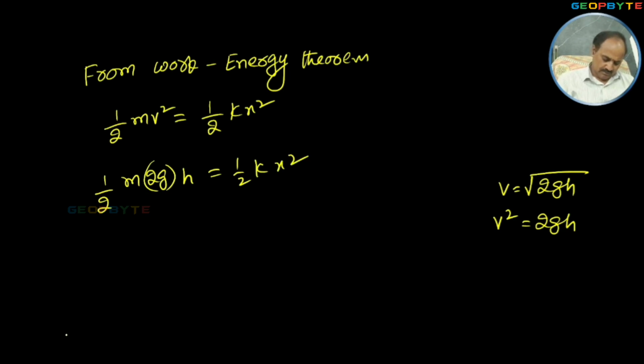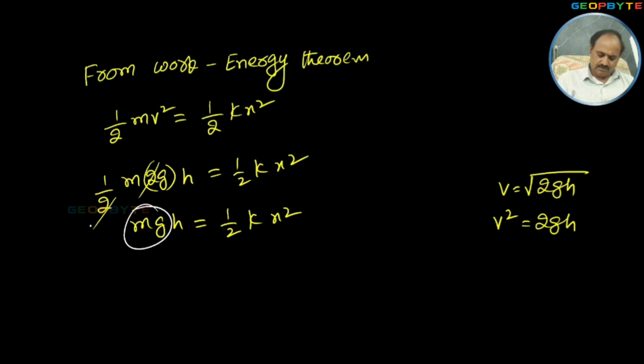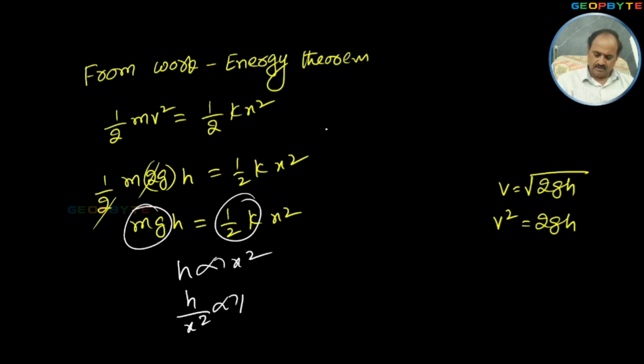This 2 is cancelled, so mg into h equals half into kx square. Mass is remaining constant, g also constant, k also constant. Then I can say h is proportional to x square, so h by x square equals a constant.